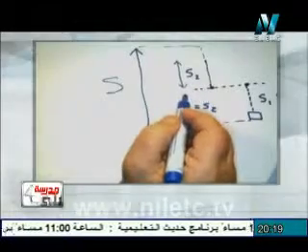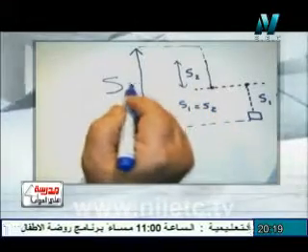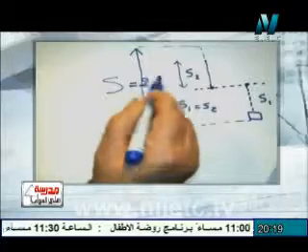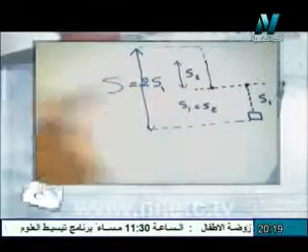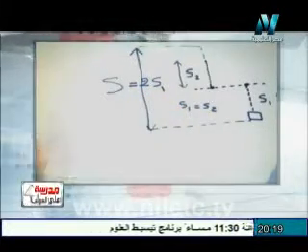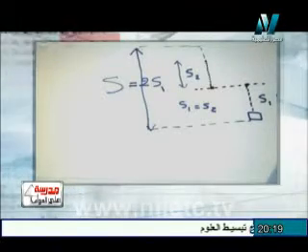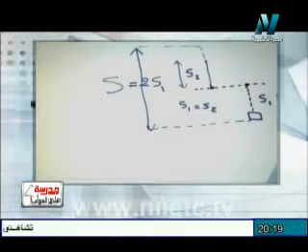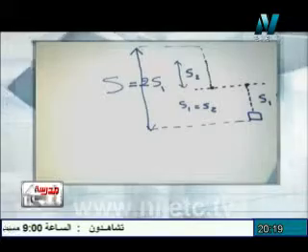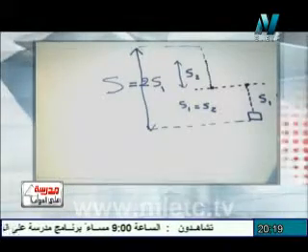Since the two are equal, S equals 2 S1 or 2 S2, where S1 or S2 is the distance moved in time t.